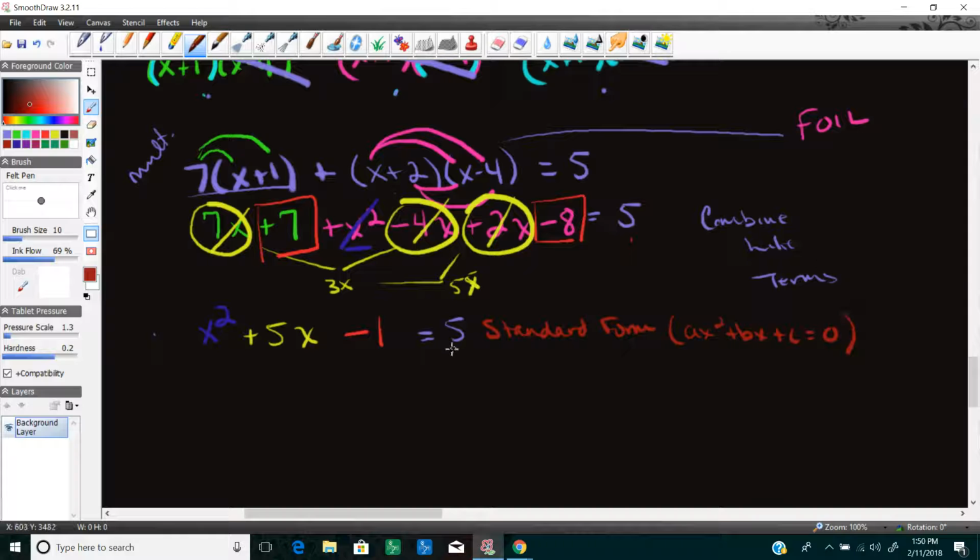So we need to move the 5. I'm going to do minus 5 because it's positive, and minus 5 over here. And that leaves me with x squared plus 5x, negative 1 minus 5 is negative 6. And now it is in standard form.